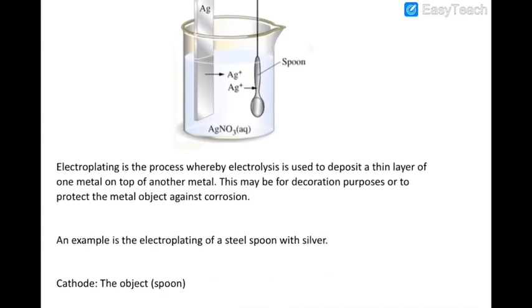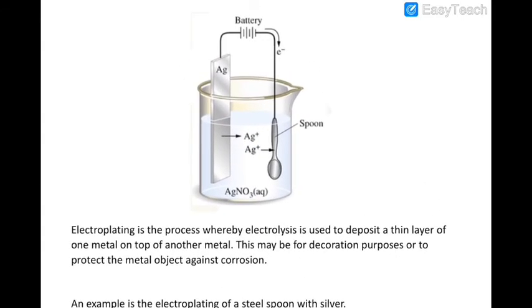Electroplating is a process where we're going to coat a layer of a metal on another metallic object. So for example, if you want to do silver plating on a spoon, we'll coat the spoon with a layer of silver. So how do we do that? We're going to have the spoon, or any object you want to metal plate, as the cathode.